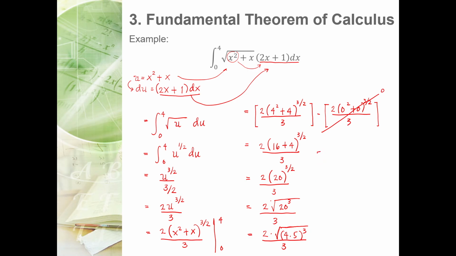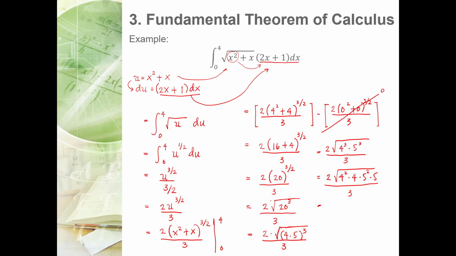So you're going to have 2 times square root of 4 cube times 5 cube all over 3. And then you can have this one as 4 squared times 4 times 5 squared times 5 all over 3.